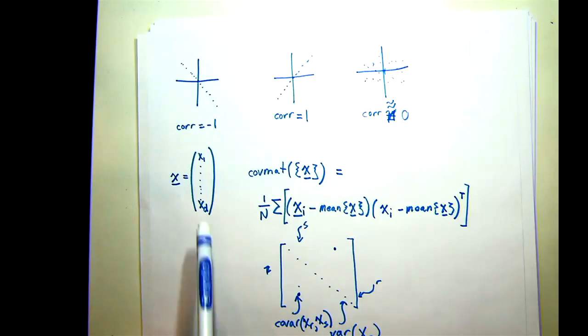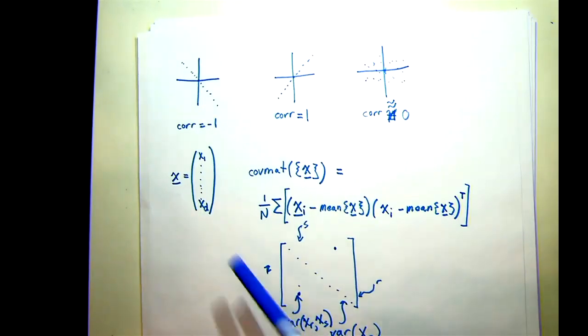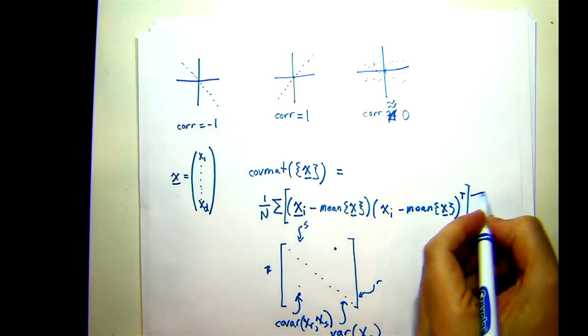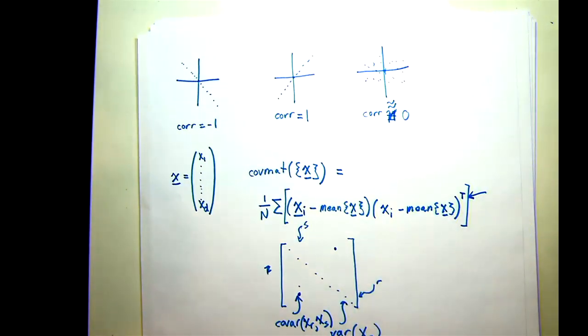Then we defined how we lay out the components, and started talking about the covariance matrix. The covariance matrix is just the covariance of all pairs of components: the covariance of component 1 with component 2, component 1 with component 3, and so on. We use this formula. Notice that this is an outer product, not an inner product, so the transpose is out here.